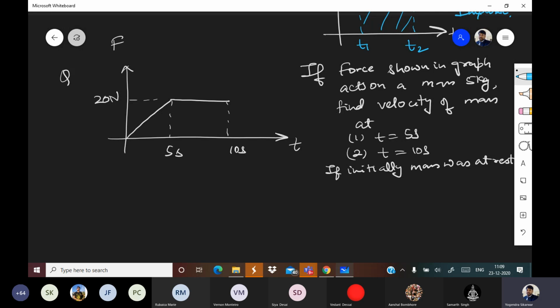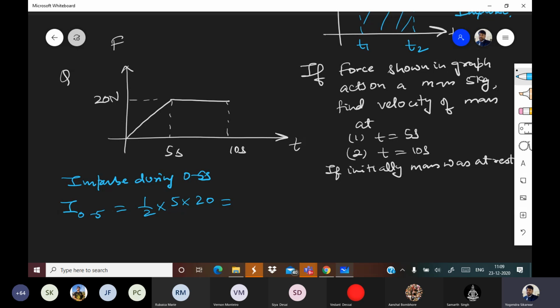Everyone please pay attention. So first of all, let us find impulse. So impulse during 0 to 5 seconds. I 0 to 5 is equal to 1 by 2 into base is 5 into height is 20.